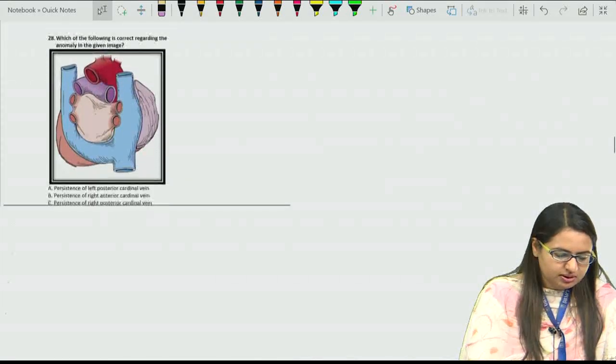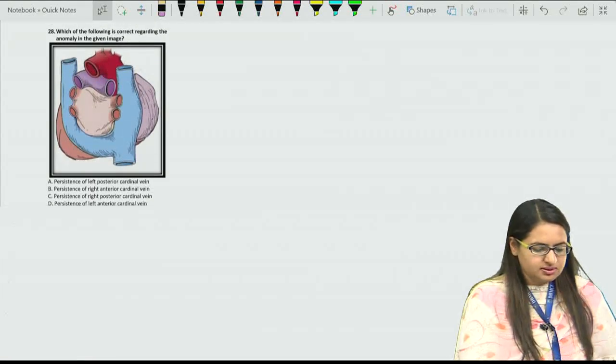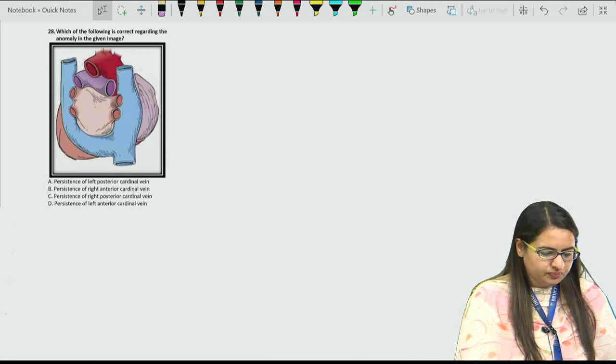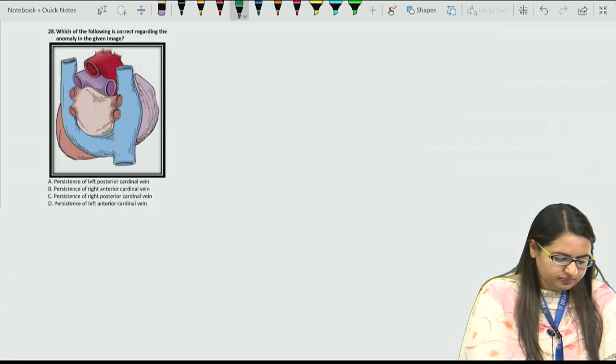The next question is: which of the following is correct regarding the anomaly in the given image?